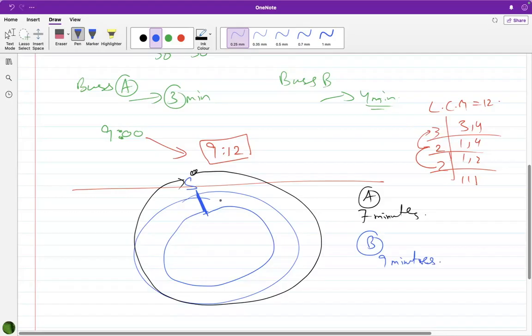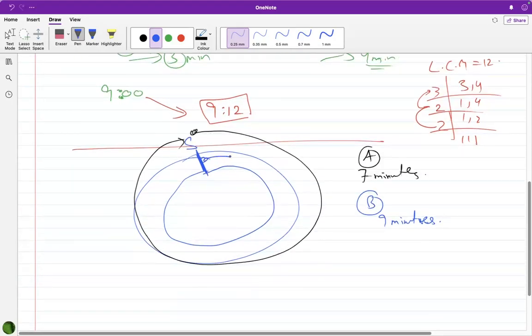At all times, car A and car B leave from the starting point. We know that car A is faster than B, because it takes less time.